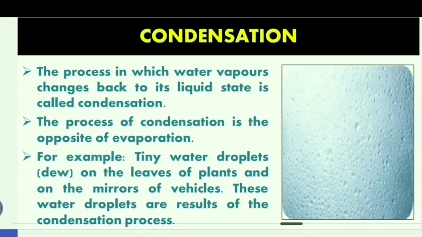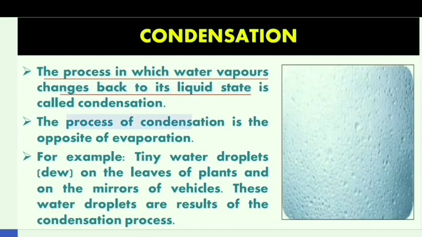Now let us see what is condensation. The process of conversion of water vapors into its liquid state is condensation. The process of condensation is opposite of evaporation. For example, you might have seen tiny water droplets called dew on the leaves of plants and on the mirrors of vehicles.